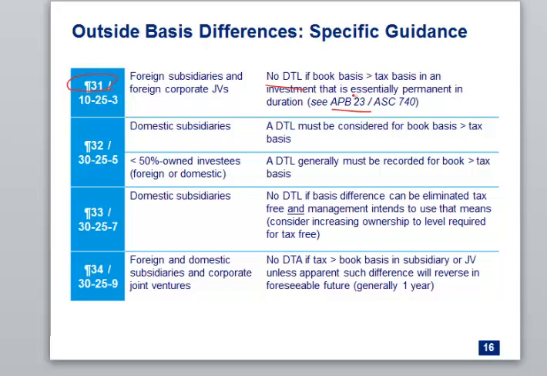If you're essentially permanent, right? It's not exactly the language that I think is preferred, but indefinitely reinvested is probably the preferred language. Okay, so paragraph 31 is the rule that says if you have a, note it's a foreign sub, right? So an important distinction there is it can't be a parent that owns a sub in the same jurisdiction, it has to be foreign. So parent has to be in one country, sub has to be in another.